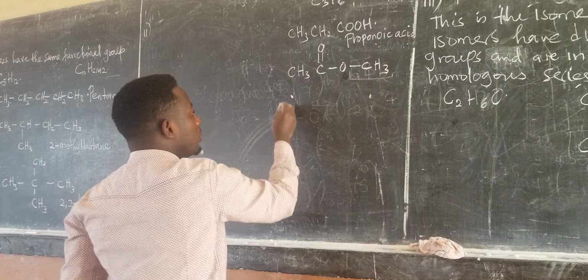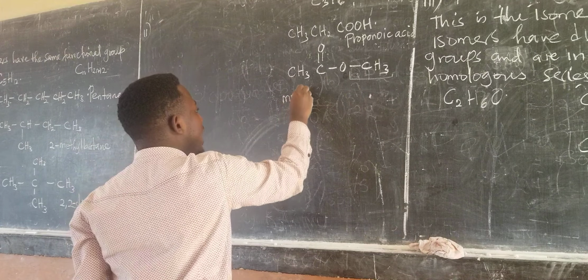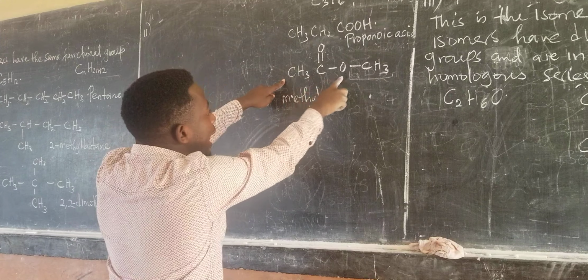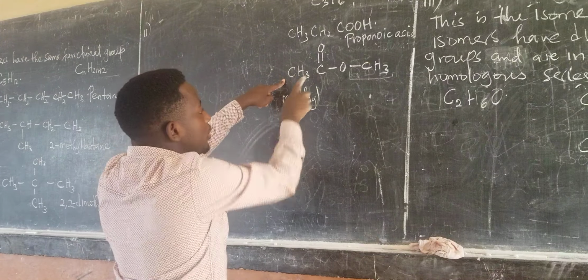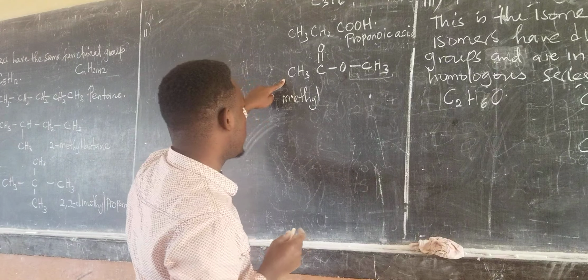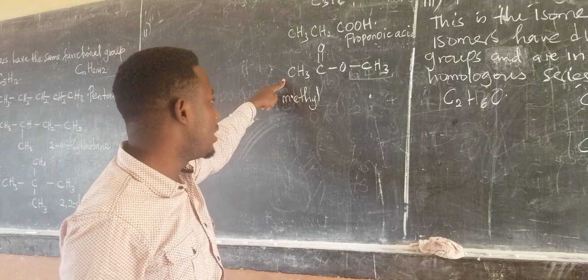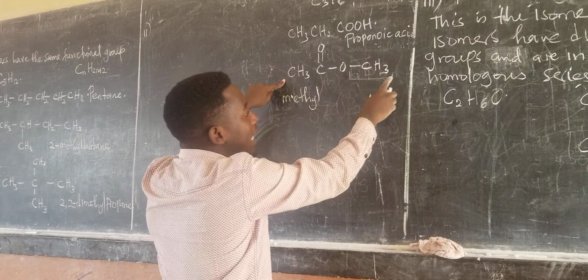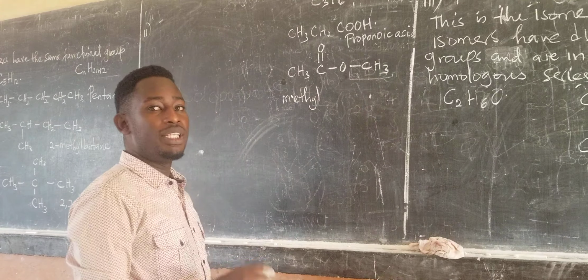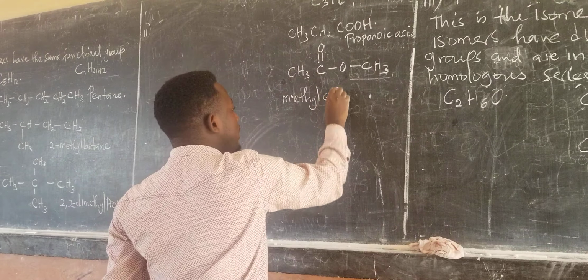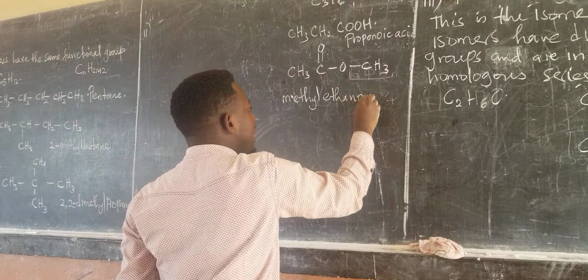So that methyl group I can call methyl. This one is a carboxylic acid of 2 carbon atoms, and it would be called ethanoic acid. But since it has a substituent, we shall call it ethanoate. So it shall be methyl ethanoate.